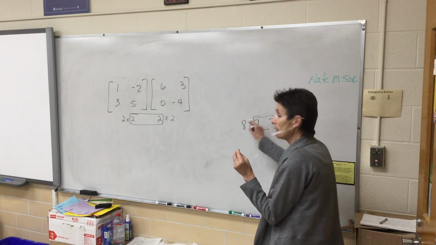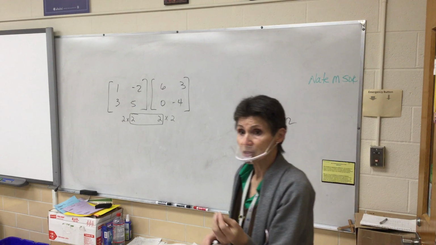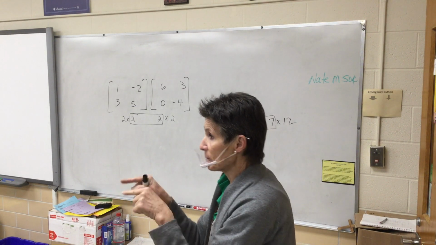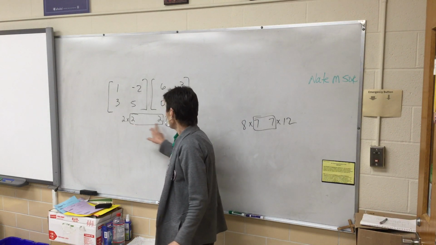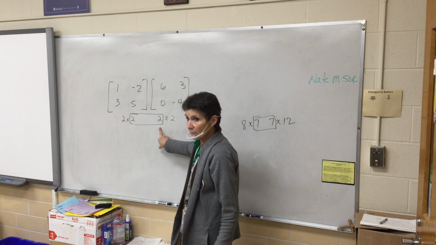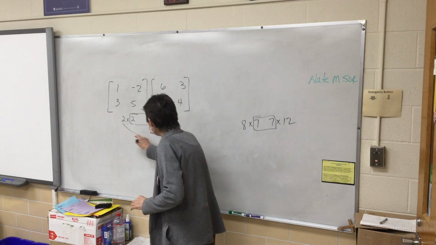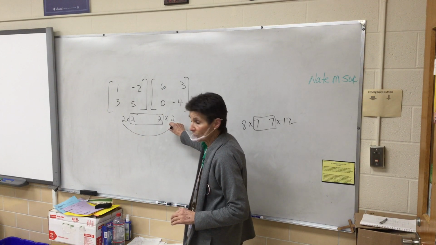The number of columns of matrix 1 has to match the number of rows of matrix 2. The outside ones give you the size of your answer.